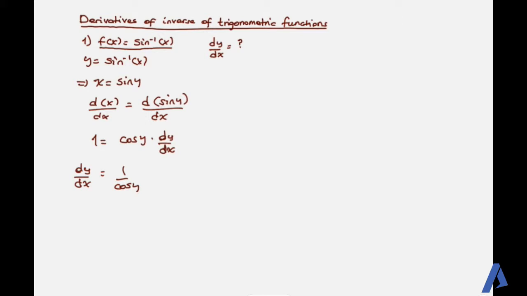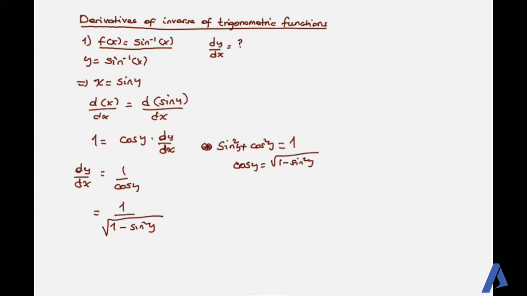Again, it has to be expressed in terms of x, not y, so we use the identity property: sin square y plus cos square y is equal to 1. So cos y is the square root of 1 minus sin square y. So this is 1 over the square root of 1 minus sin square y.